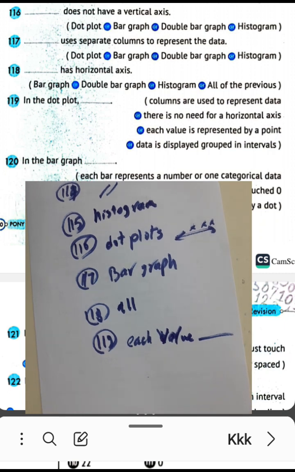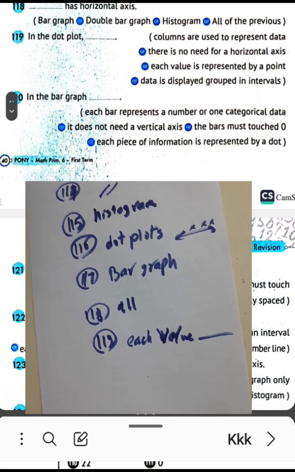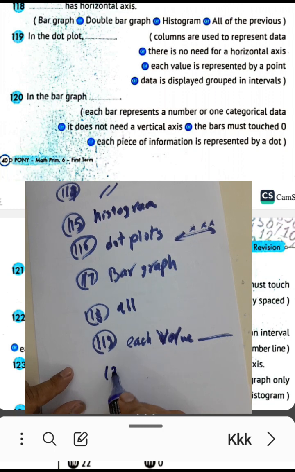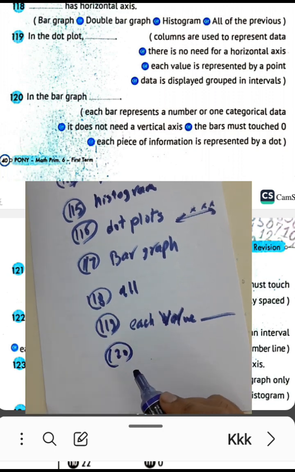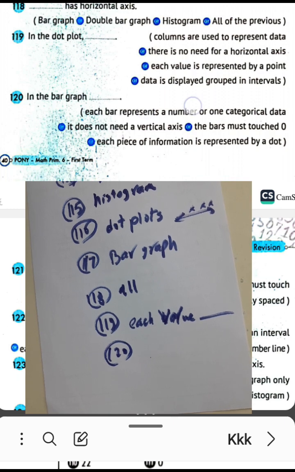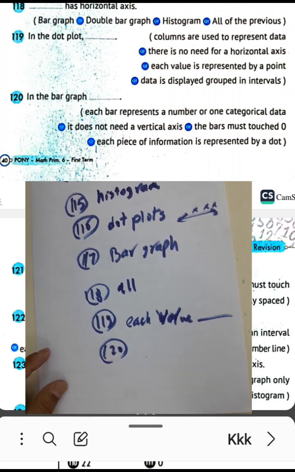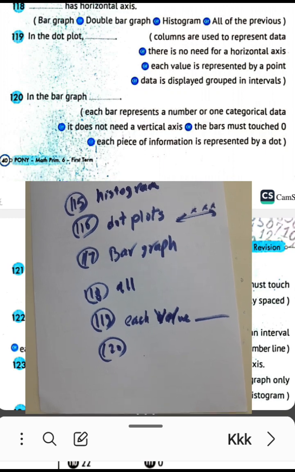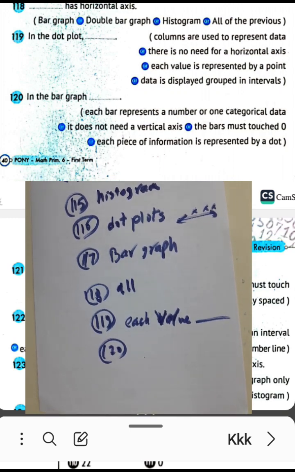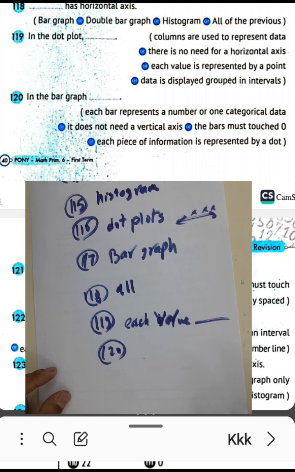Okay, question 120, in the bar graph, choose each bar represents a number or one category of data. In a bar graph, each bar represents a number or one categorical data.